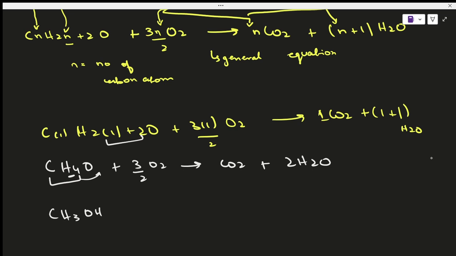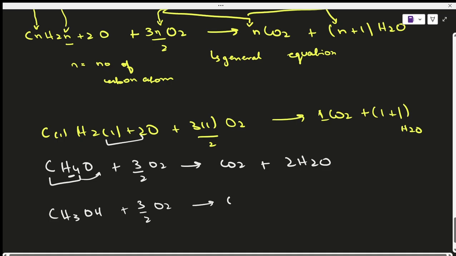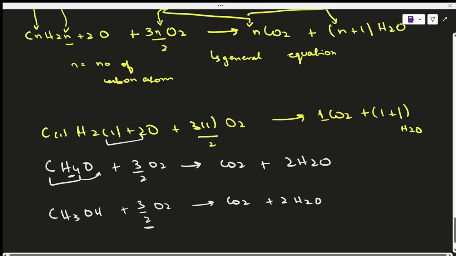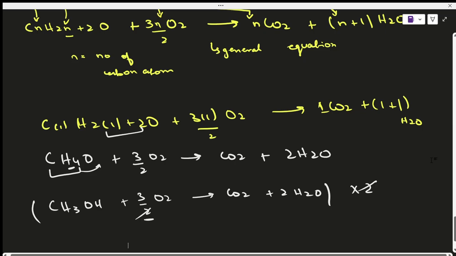Okay, and now you have 3/2 O2, CO2 plus 2H2O. There's one more thing we need to do here, which is to remove this fraction. To remove this fraction, we're going to multiply the whole equation by 2. So this 2 cancels out this 2, and you're going to have what?